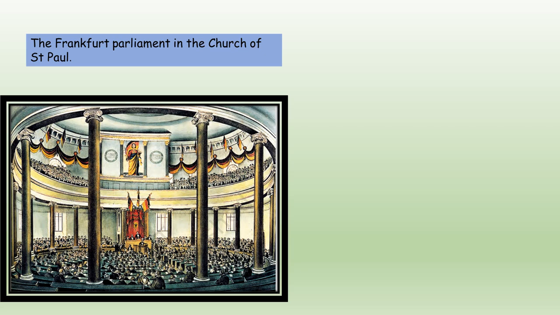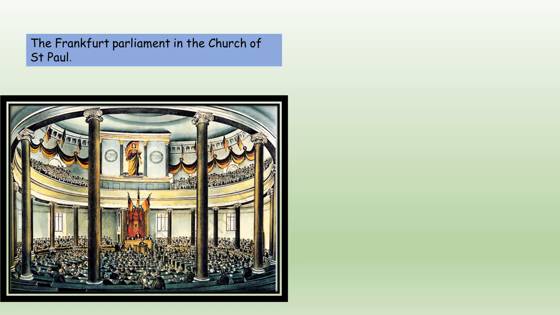So, on 18th May 1848, 831 elected representatives marched in a festival procession to take their place in the Frankfurt Parliament convened in the Church of St. Paul's.